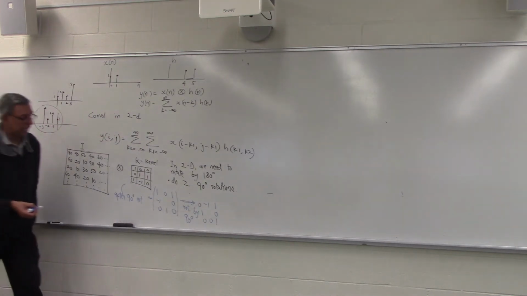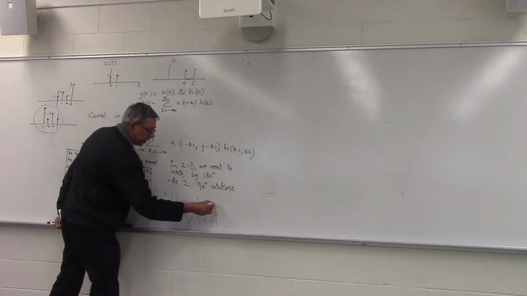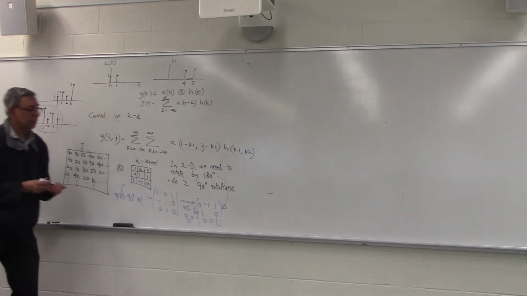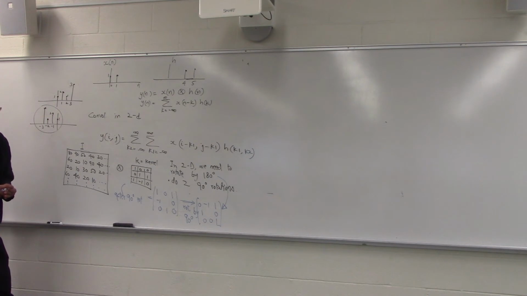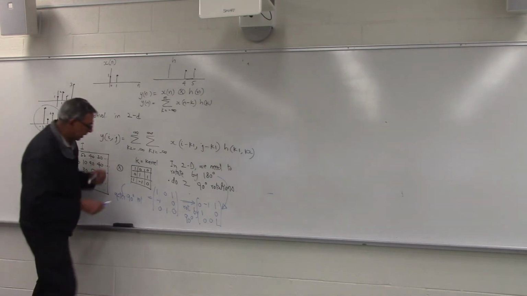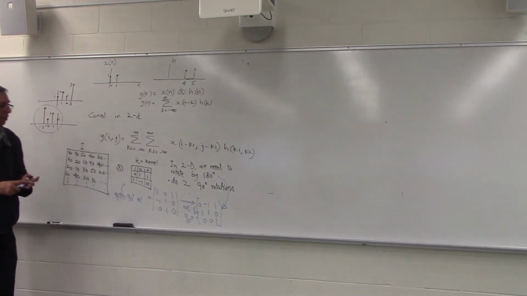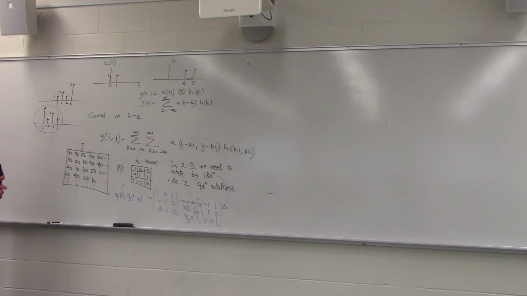So that will be the answer after rotating by 180 degrees. Oops, in the middle is 1. In a 3 by 3 it is basically a transpose, but if we go higher, it's not a transpose anymore.